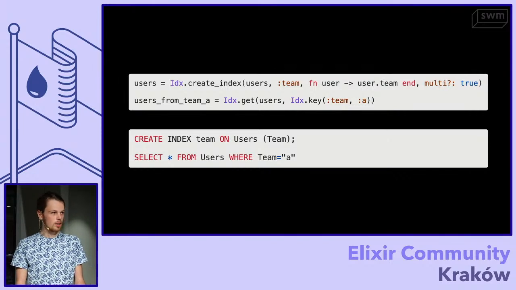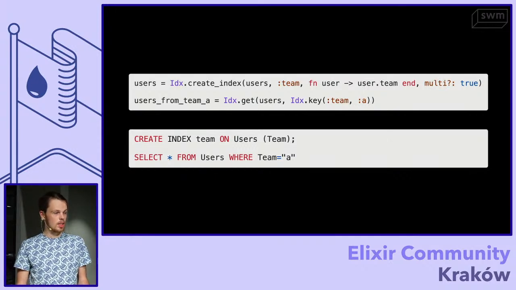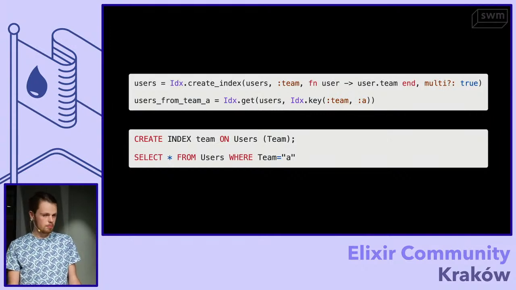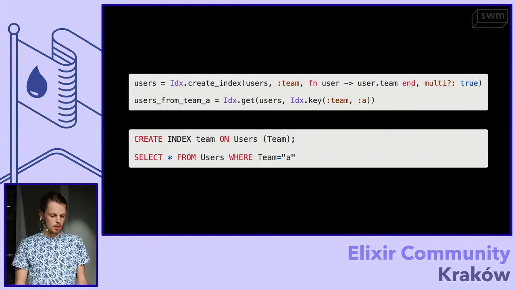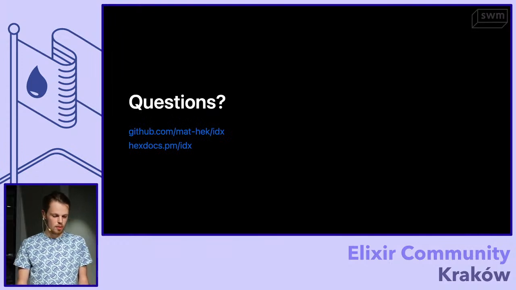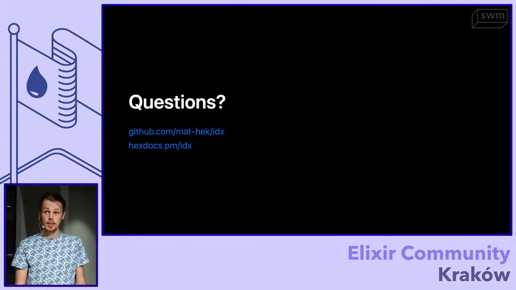But we for sure can take inspiration from relational databases and other tools that organize the data and apply them even to the state of a process that we have within a single Elixir process, so that we can make sure that our data is consistent, that we don't land in a state that may cause some bugs or problems. So basically that's it. IDX is available on my GitHub and on Hex.